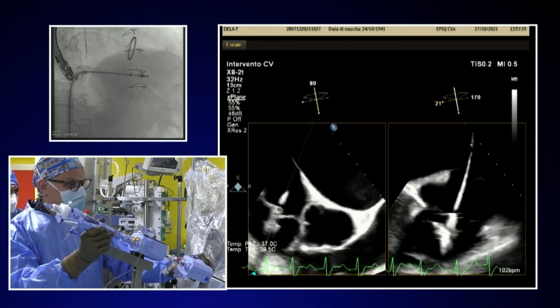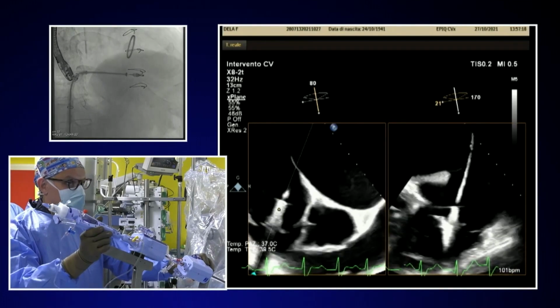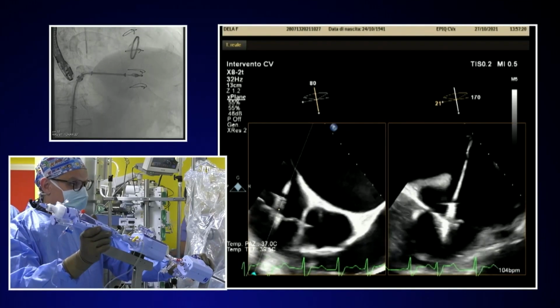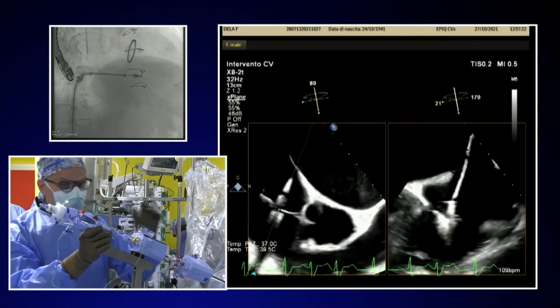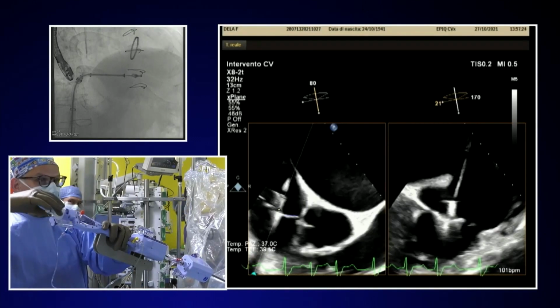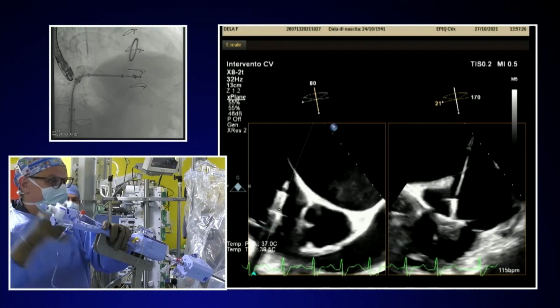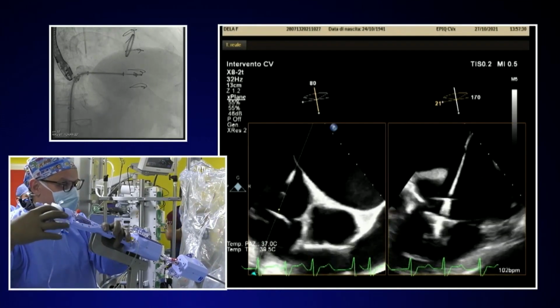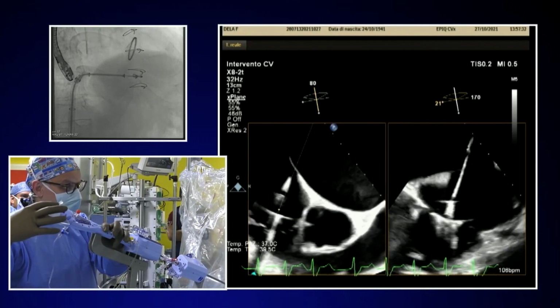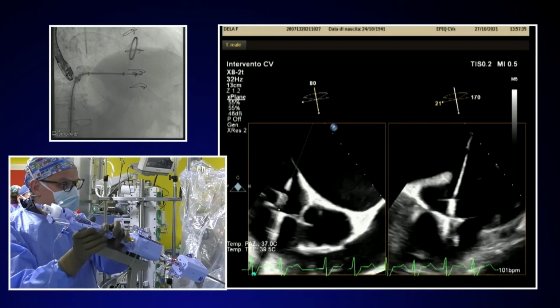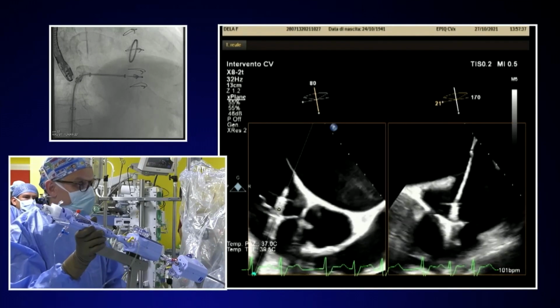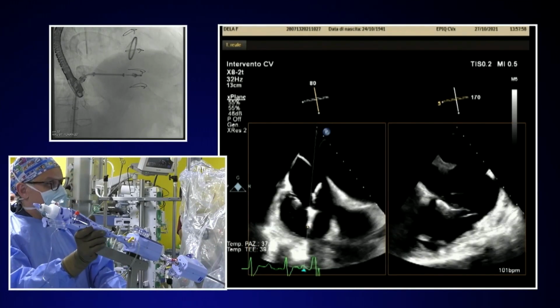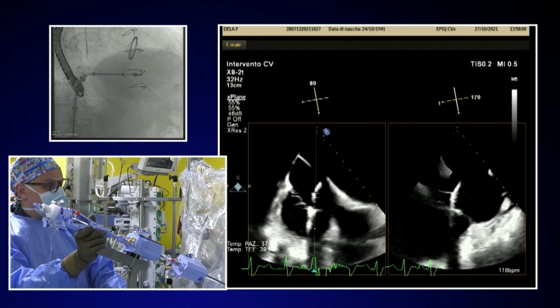Do you want to open the clip more? Yeah, we can open the clip a little bit more, but obviously it's a double-edged sword. I think probably the anterior is in now. I don't see it well, but maybe it's in. So we have definitely the septal now.